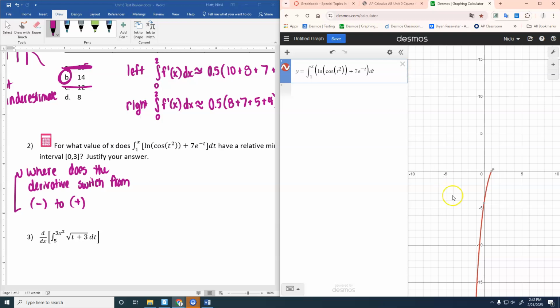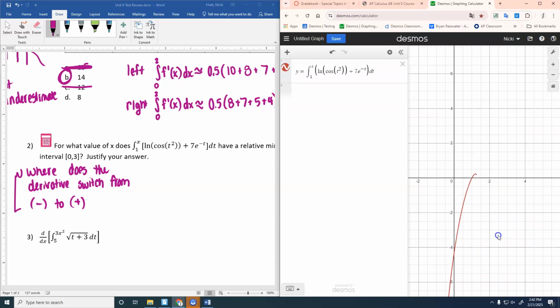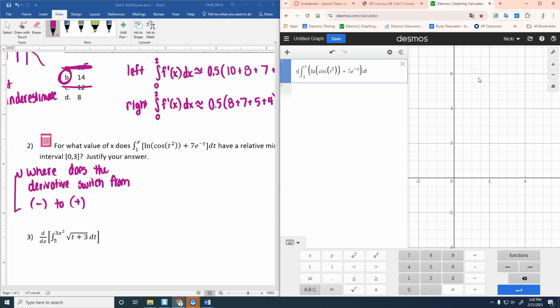Let's graph something. Let's see if that's the answer. Maybe. But let me do the other way that I know that will work as well, and we'll see. It might graph it. Actually, do you have to put the y equals in front of it? You do have to put like a y equals or f of x equals or something in front of it there, I think. Let's see if that gives us the right answer.